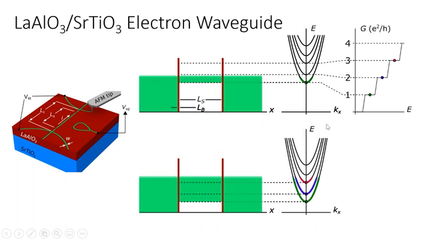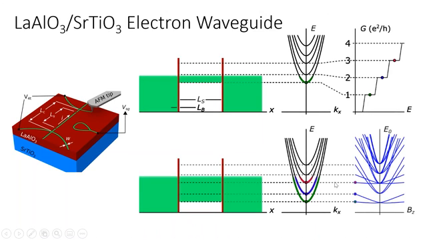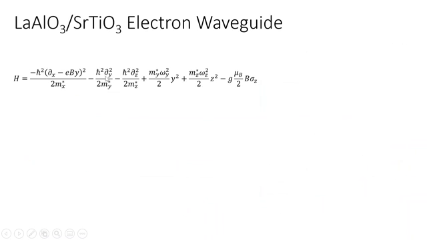So the last thing is that the bottoms of these subbands themselves can be adjusted by coupling to an external magnetic field. And so if we track the bottom of these subbands, they can move up or move down in energy depending on the spin and orbital degrees of freedom. So we can describe this quantum mechanically by writing down a Hamiltonian for a single particle that exists in the quantum wire.